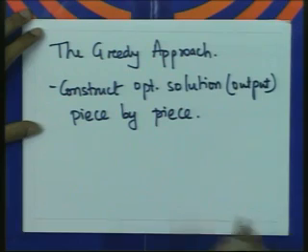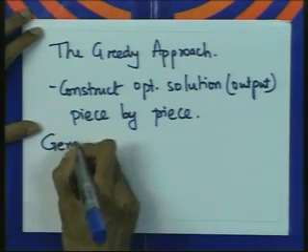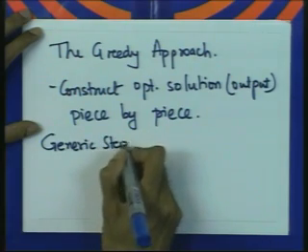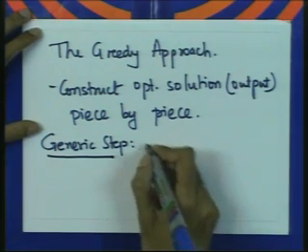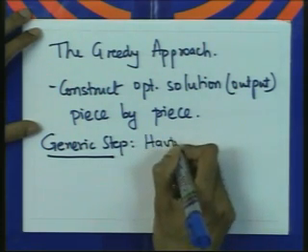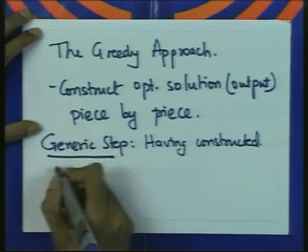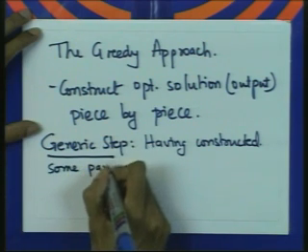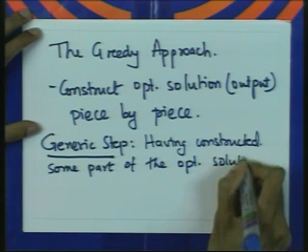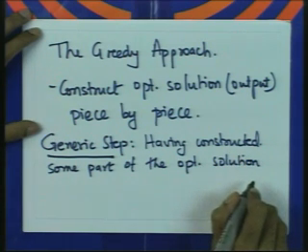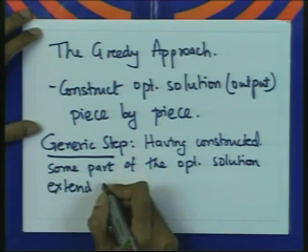So the generic step in your algorithm, which will typically be in a loop, is: having constructed some part of the optimum solution, extend this.